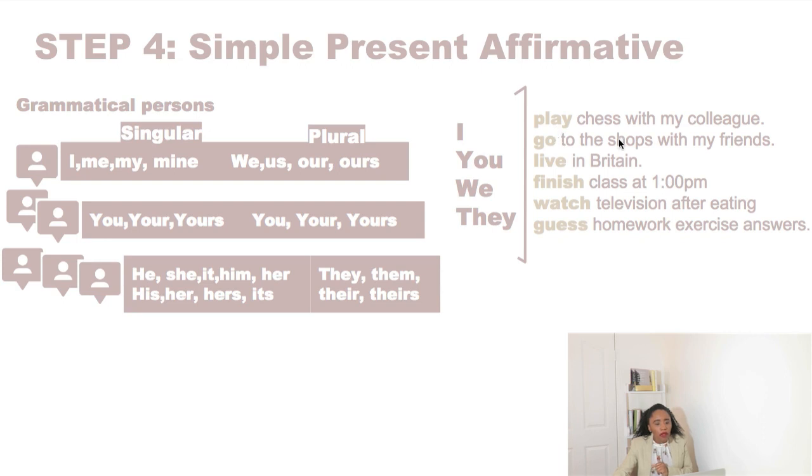So for example, on the right of the screen, I have I, you, we, and they, the grammatical persons. Okay, and we have verbs in yellow: play, go, live, finish, watch, and guess.